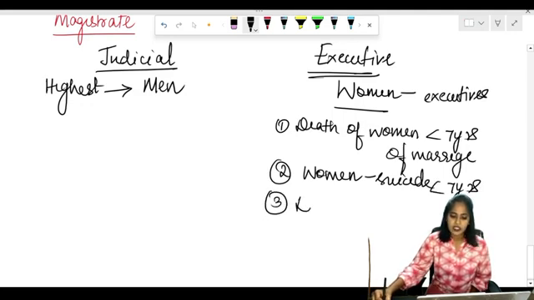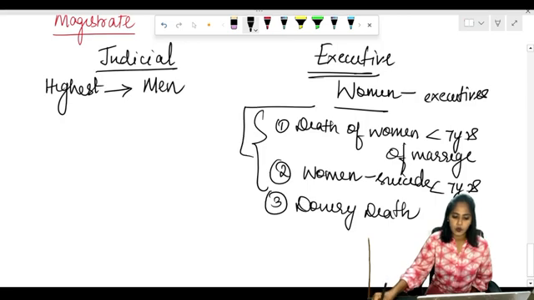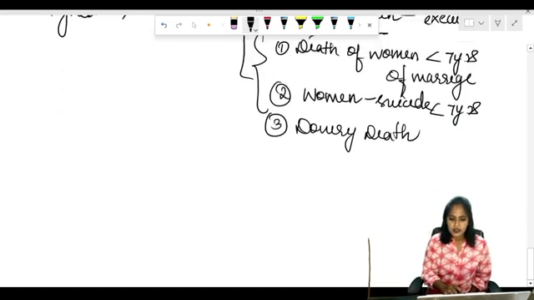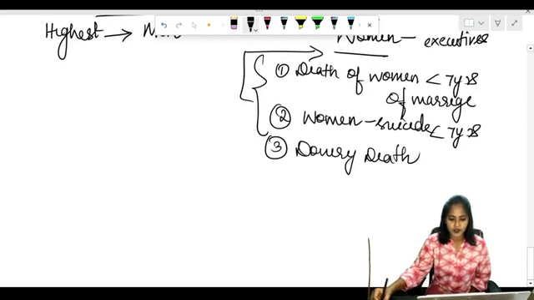Women again, dowry death. These will be related to women. For the other 2 things, I don't have a mnemonic. You have to remember them.